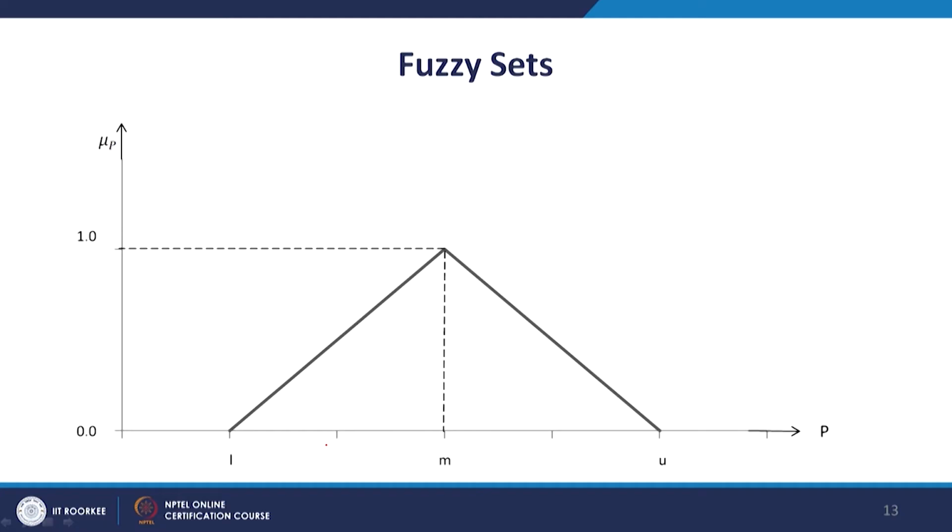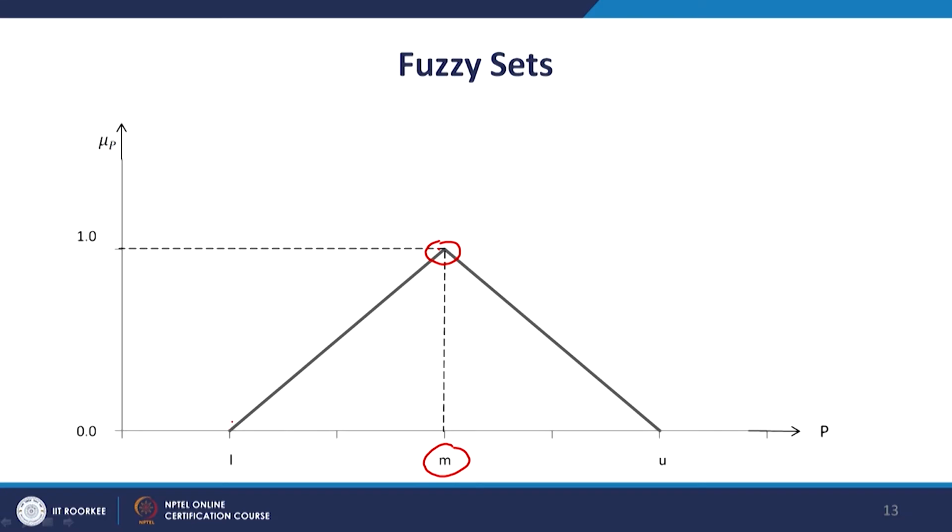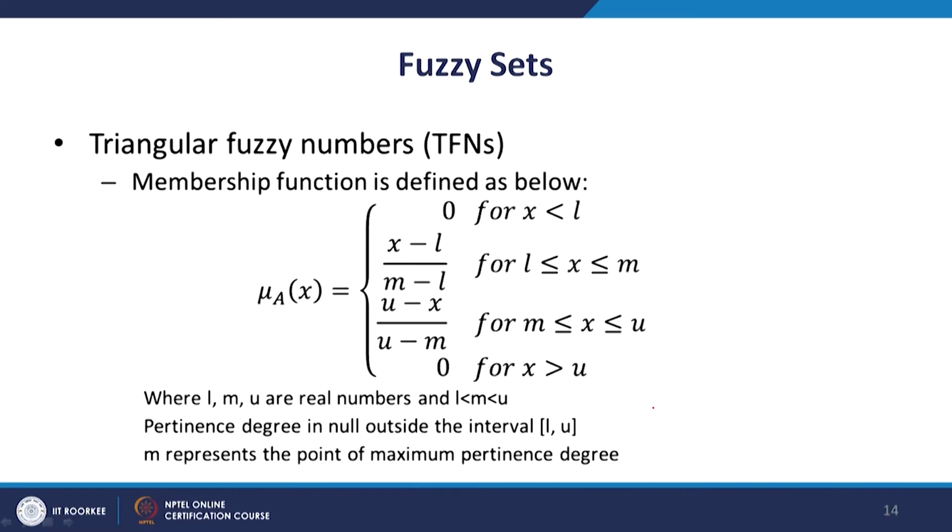This is how a triangular fuzzy number can be depicted graphically, where M is the most promising value, and the membership function value also indicates that. L is the smallest possible value indicated here, and U is the largest possible value. So, let us move forward.